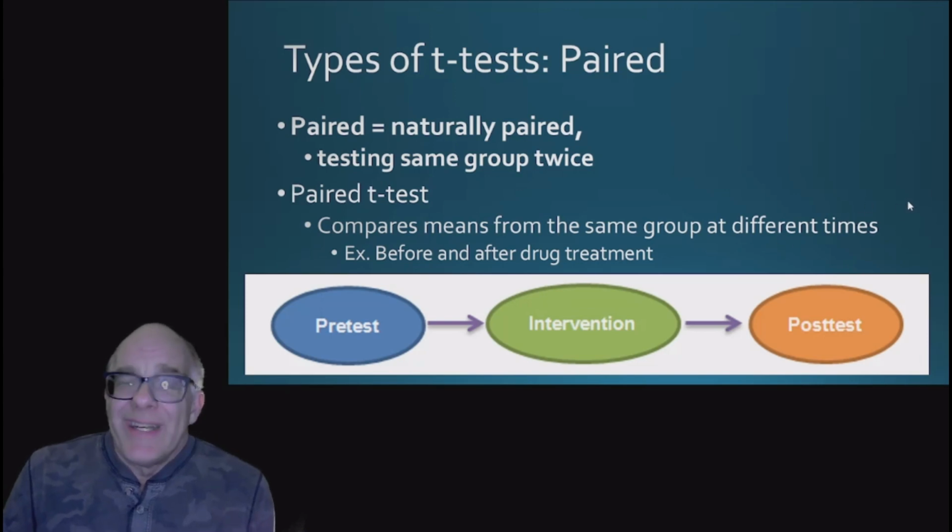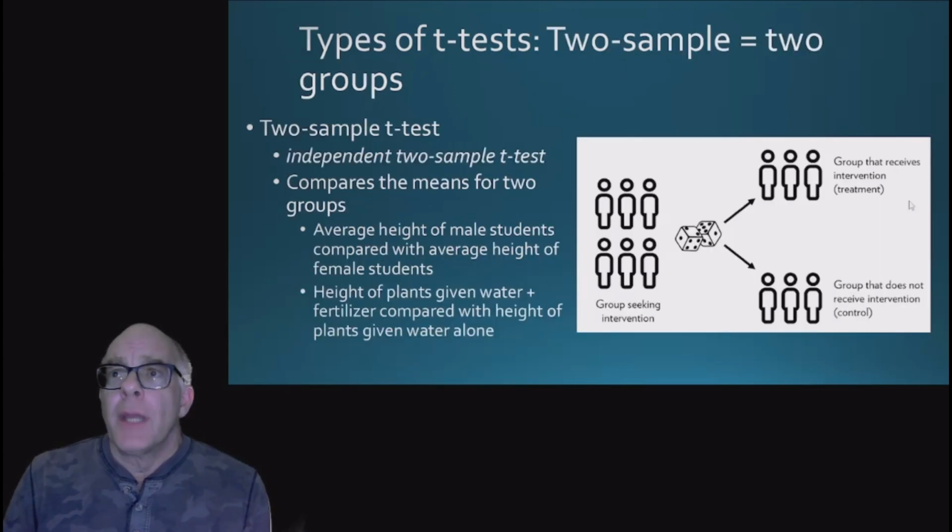Now, we need to understand what the other types of t-tests are as well. Now, the two-sample t-tests are this idea that you're going to have a population, or at least a sample of the population that you're going to be looking at, and you're going to randomly assign those individuals either into one group or another group. A two-sample t-test is also referred to as an independent two-sample test.